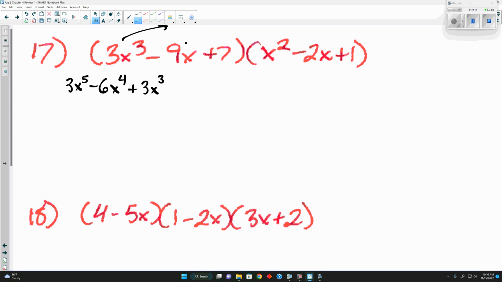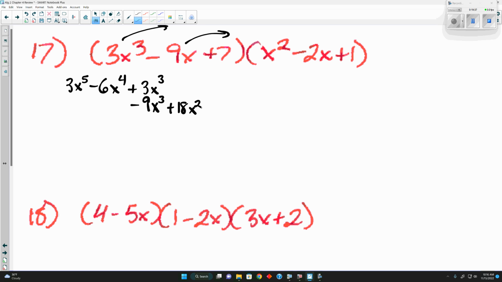Now the next thing we can do is multiply through by negative 9x. So what's negative 9x times x squared? Well, it's going to be negative 9x to the third. I wouldn't put it under the negative 6x to the fourth. We're going to put it under here, because I'm going to keep the like terms lined up. Negative 9x times negative 2x is going to be plus 18x squared.